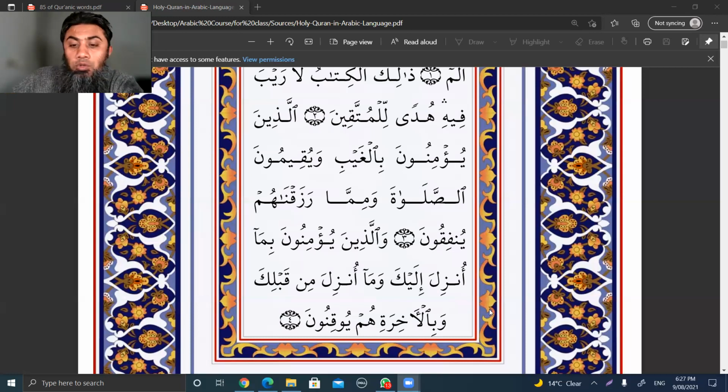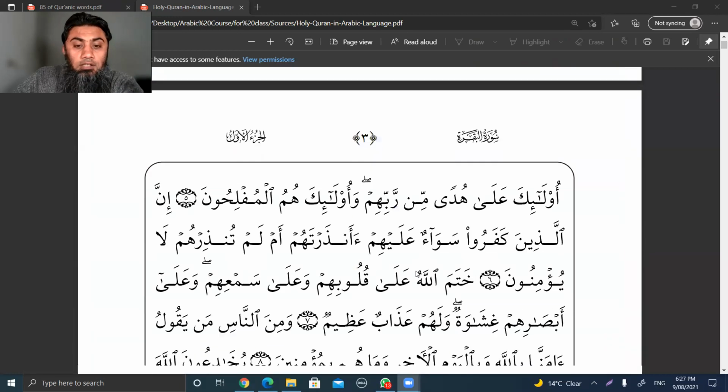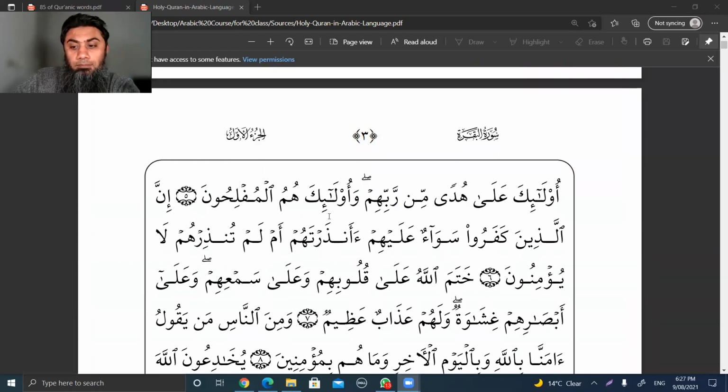Okay, let's do one more example, inshallah, because we still have time. If you look at this example, ulaika humul muflihun. Now ulaika is a mubtada. How do I know this?